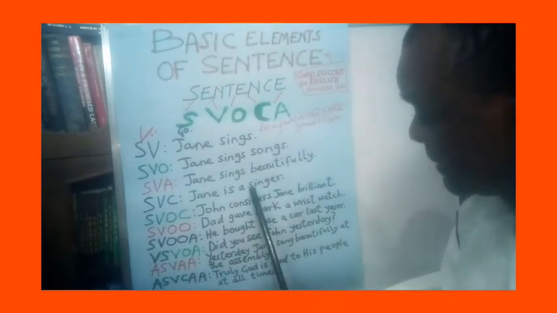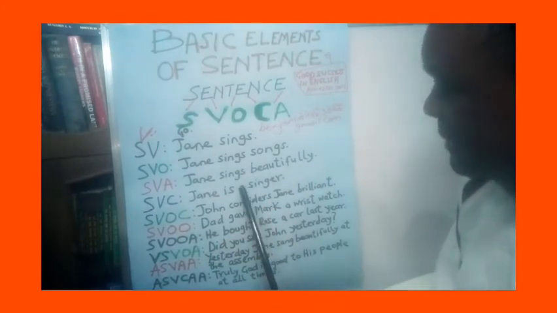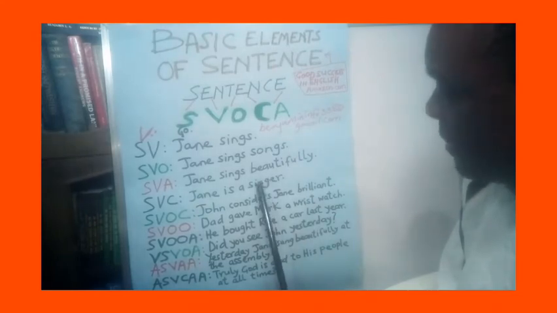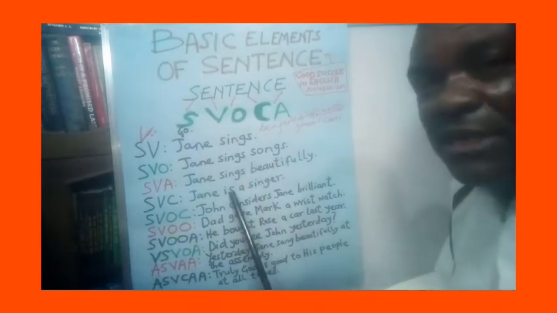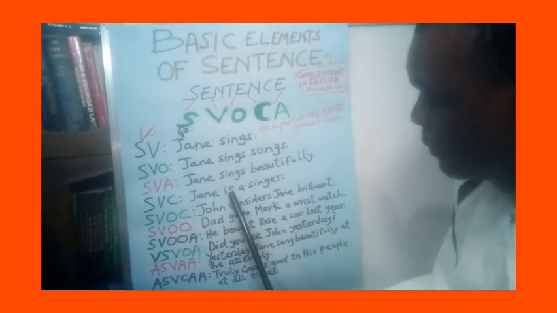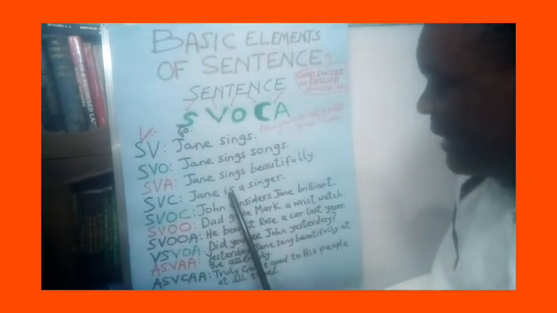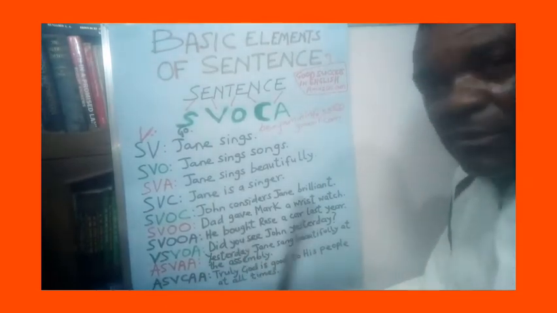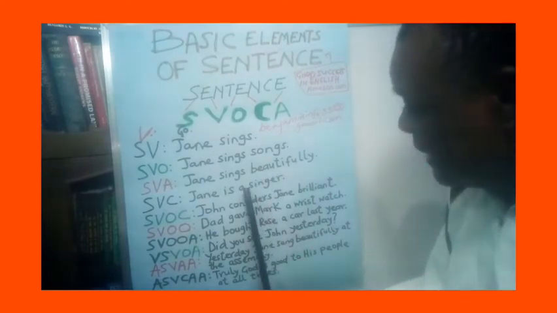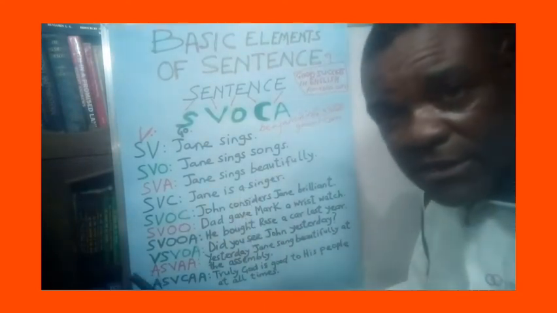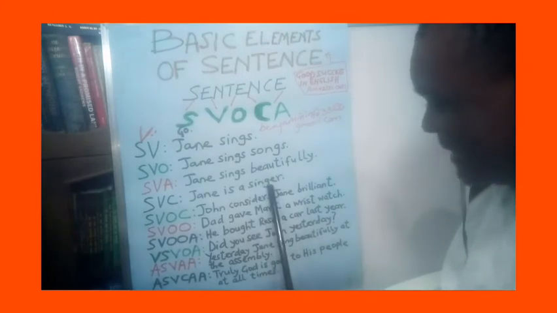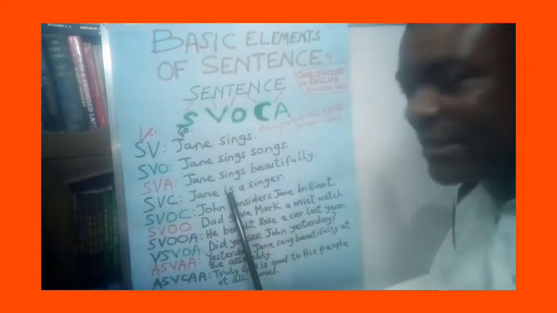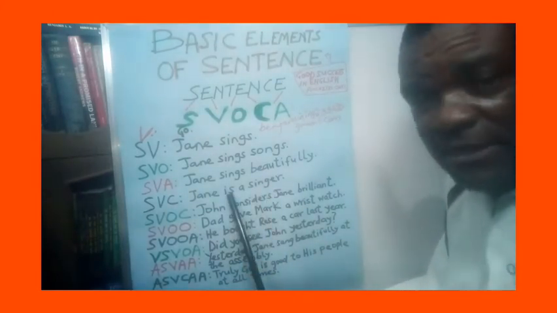The first perspective is looking at the complement as a word or a group of words that completes the meaning of the verb. So if we say Jane is, and we just pause there, somebody will naturally ask, is what? And then when we say is a singer, it completes the meaning of is.